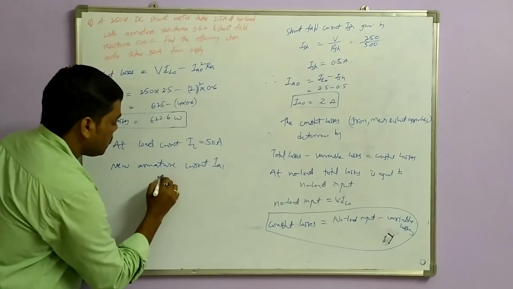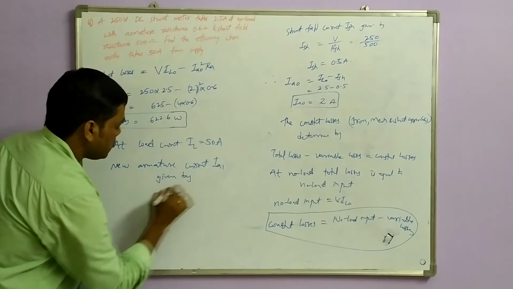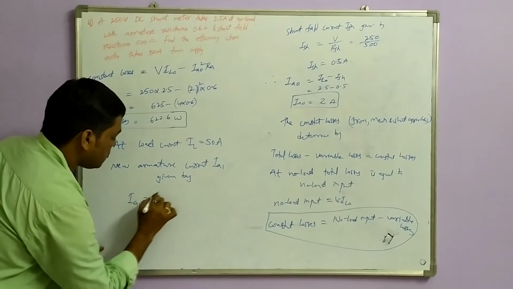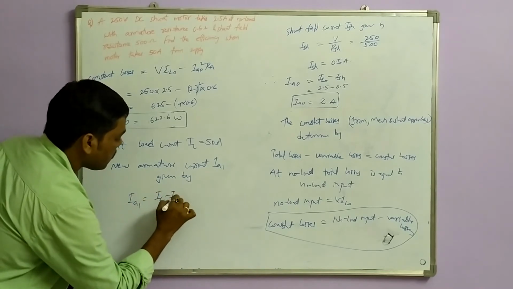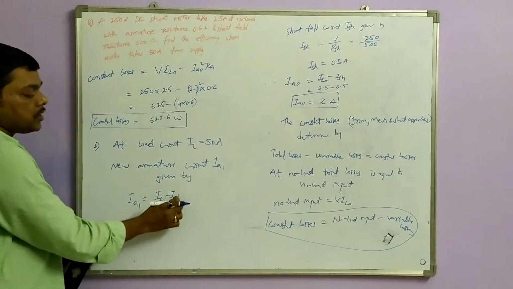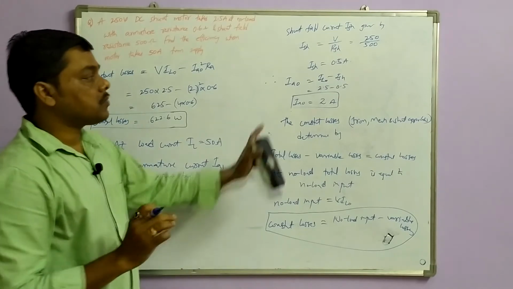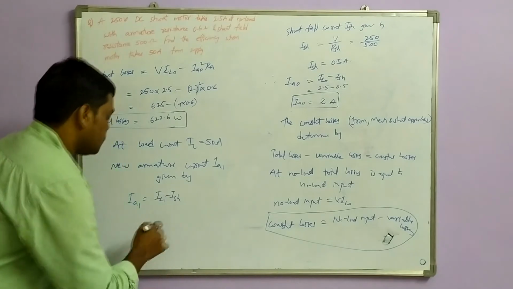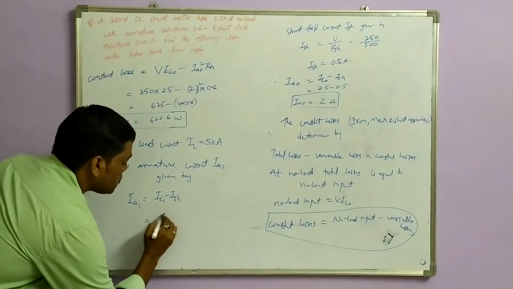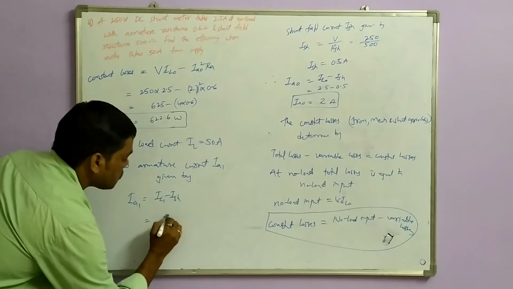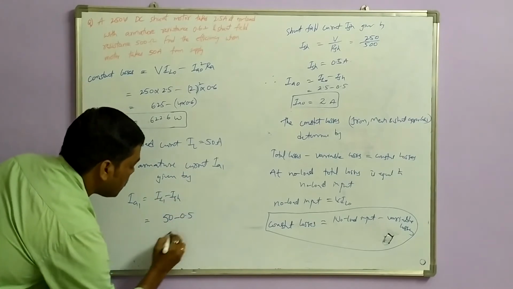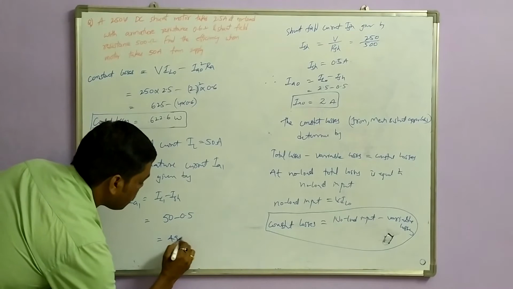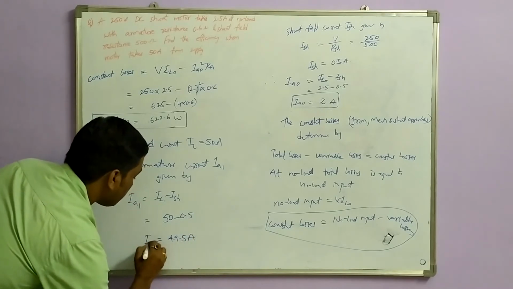Now the new armature current IA1 is given by IA1 is equal to IL1 minus ISh. So there is no change in shunt current. So shunt current is fixed, that is 0.5 amperes. Now the new load current is 50 amperes. So 50 minus 0.5, which is given by 49.5 amperes.